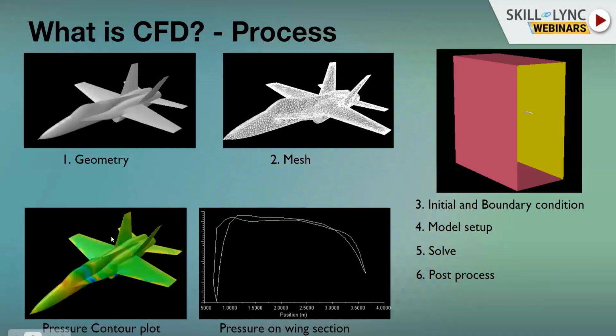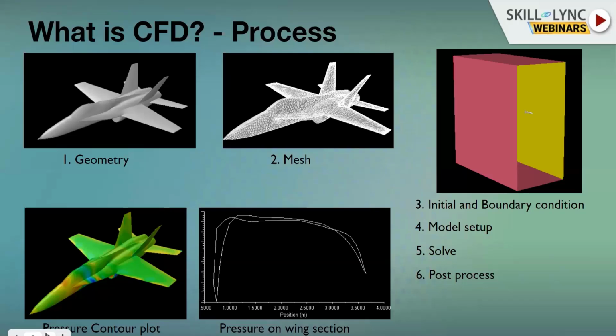We are solving the problem at each and every control volume, and we also get the integrated solution, like the overall lift for this aircraft, or the overall drag, or some pitching moment, or the pressure distribution on a particular section of the airfoil, which is shown here on curves, that gives the pressure distribution of the wing. So we can get any kind of information we need from the post-processing. That is the real advantage of CFD.